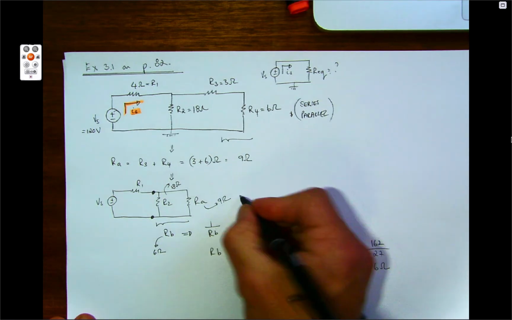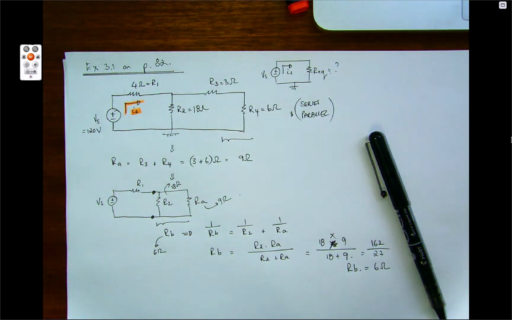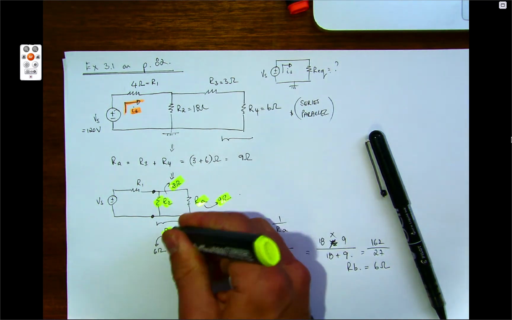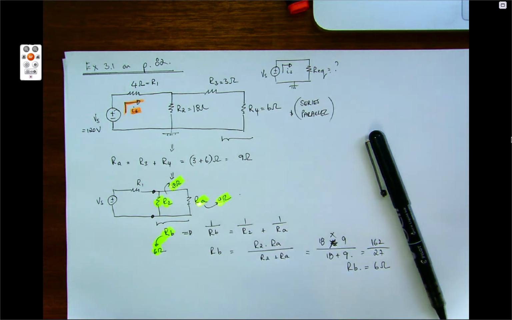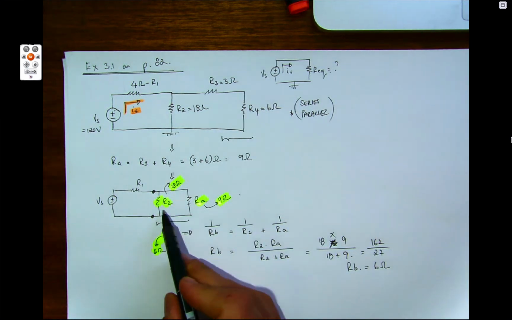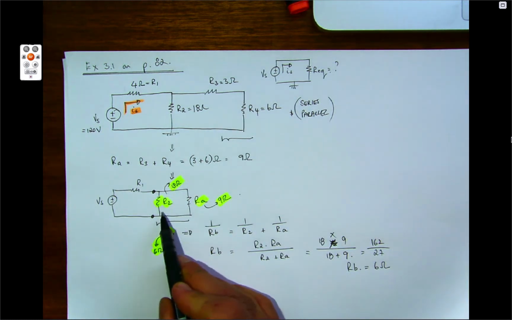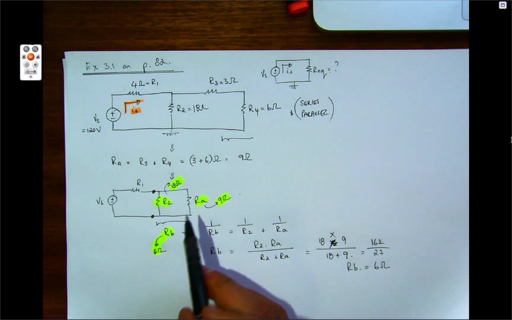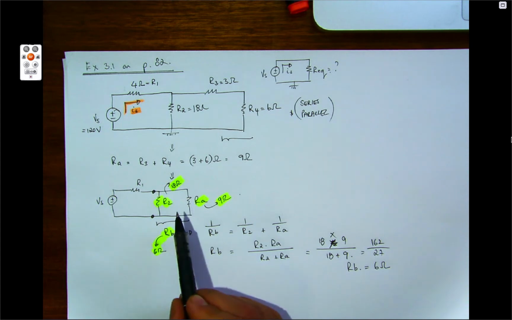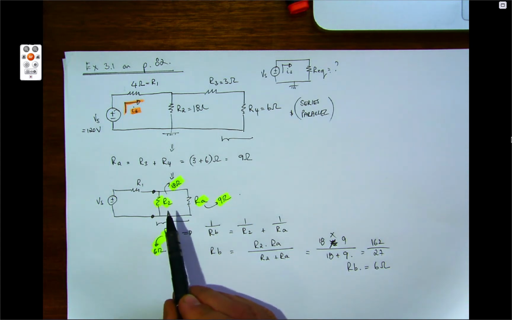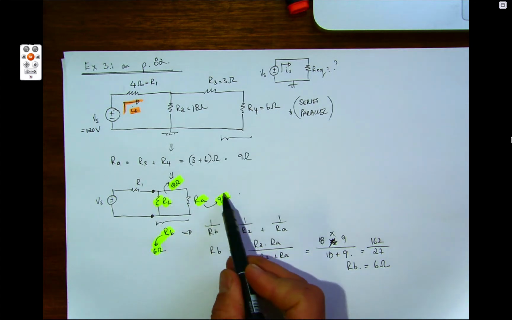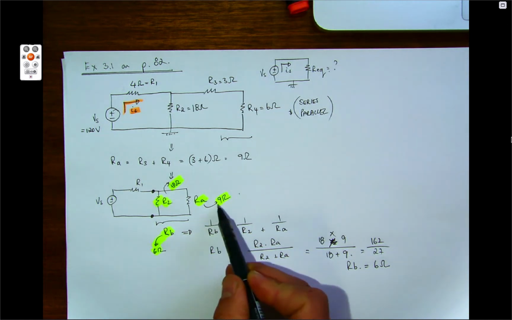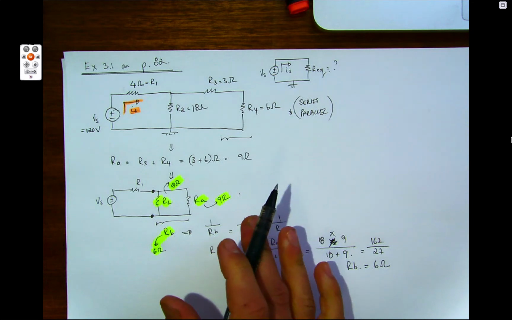The value you get for the resistance in parallel should be smaller than the smallest value of the resistors that you're combining. As we can see, this is the case. The smallest value is 9 ohms, so 6 is smaller than 9. Sanity check, everything seems to be okay.